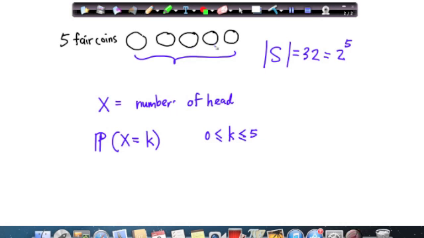So the number of choices is 5 choose k. So the total number of outcomes that have k number of heads is 5 choose k over the size of the sample space, which is 32.